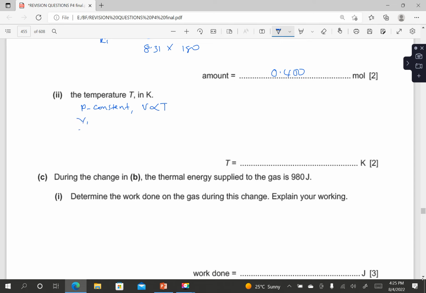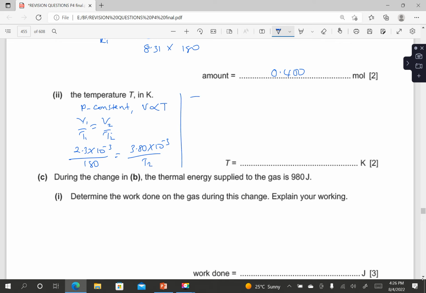So I'll say V1 over T1 is equal to V2 over T2. V1 is 2.3 times 10 power negative 3 divided by 180 should be equal to V2, which is 3.80 times 10 power negative 3, over temperature T2.